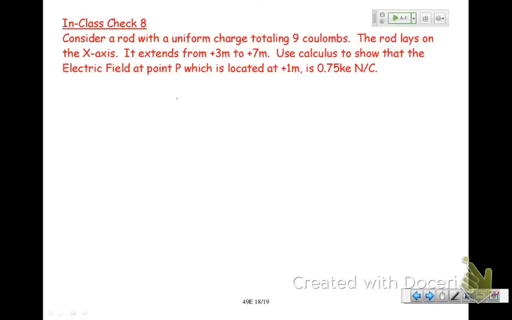So consider a rod with a uniform charge totaling 9 coulombs. The rod lays on the x-axis, so here's the rod. And I know my Q, big Q, is equal to 9 coulombs. It extends, if that's my origin, from +3 to +7 meters.